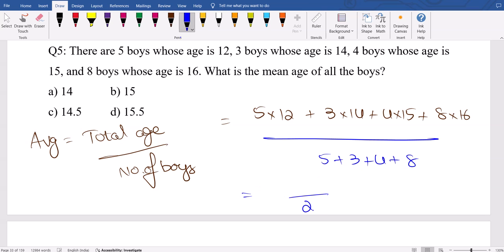Denominator 20, numerator 60, 120, and 48, 162, and 128, which will give 290 if I am not wrong. Divided by 20 is 14.5.